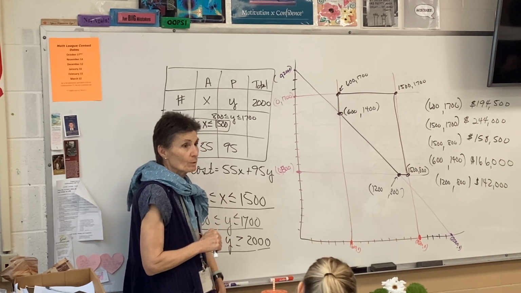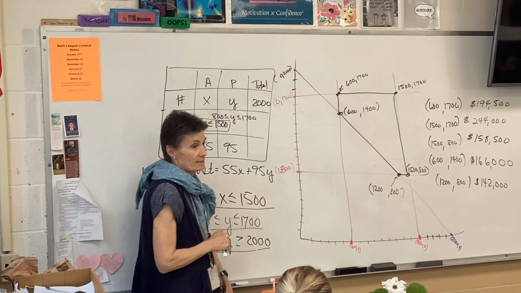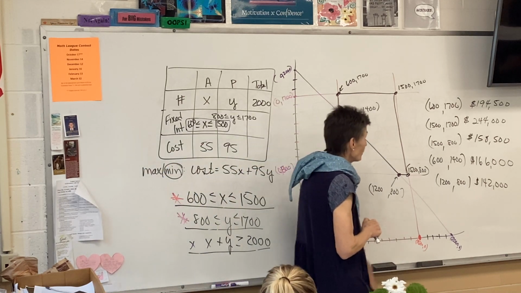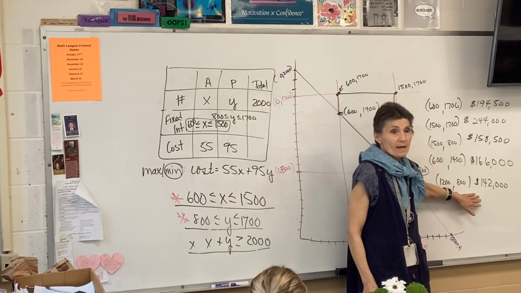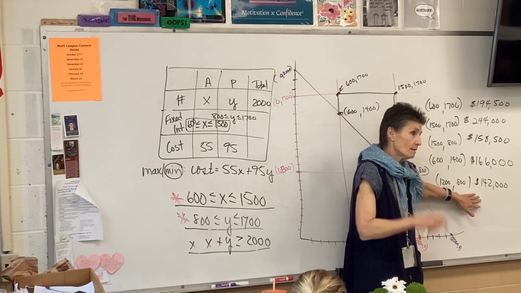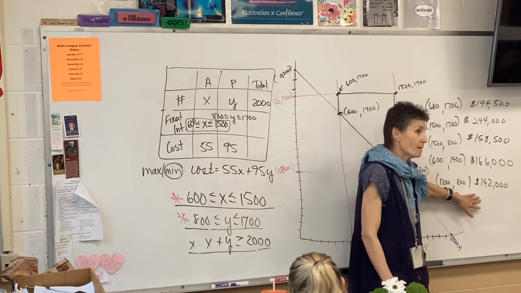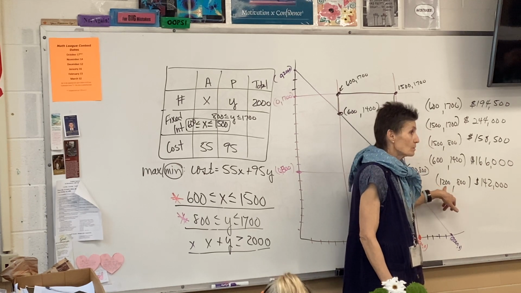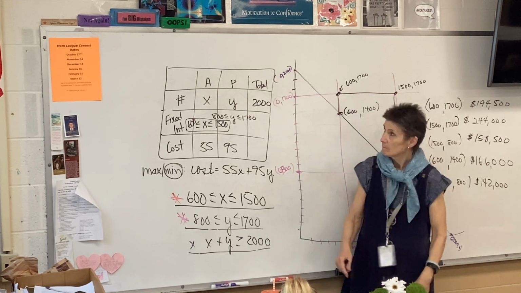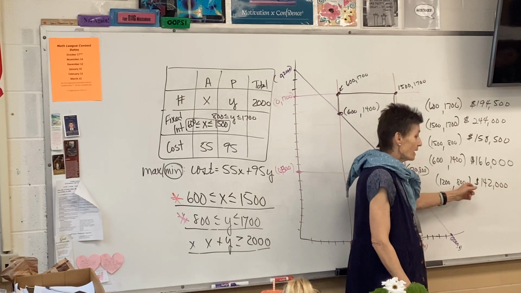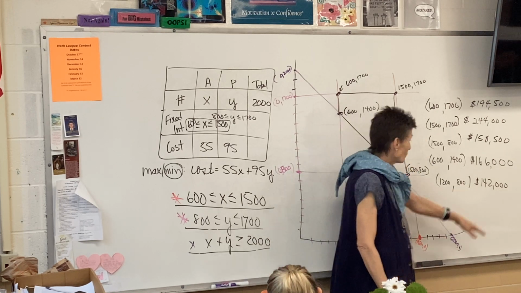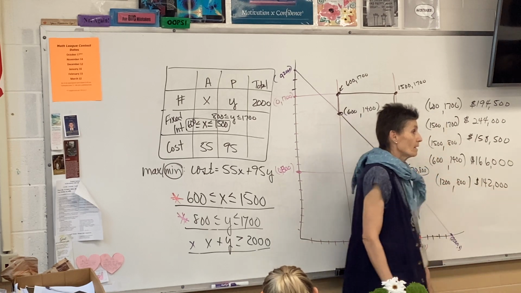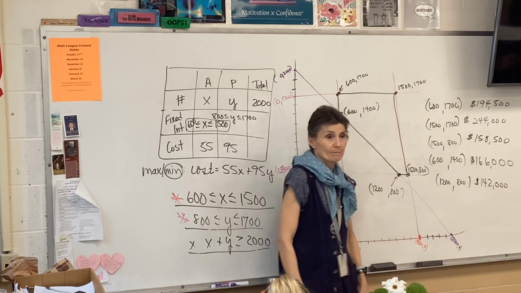Now remember, we're minimizing this time. So how are you gonna advise this company? They, you, he, the company should make 1,200 audio players and 800 phones, and it will cost them $142,000.